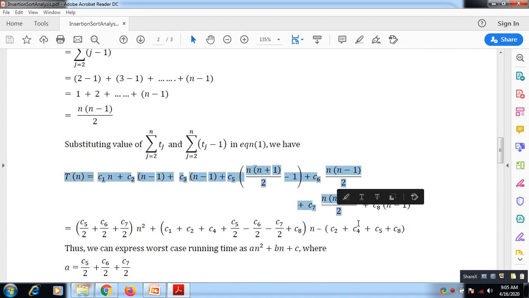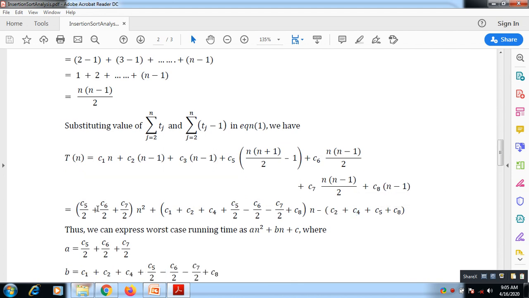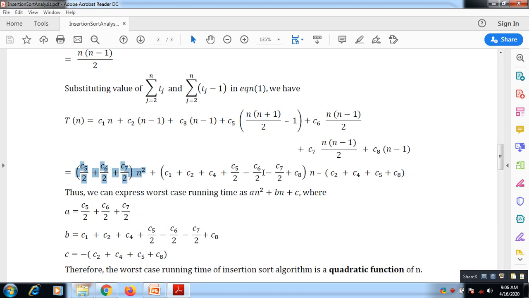After simplification, bringing all n square terms at one place, all n terms at one place, and all constant terms at one place, this whole thing can be expressed as an square plus bn plus c. So this is a quadratic function of n. So we can say the worst case time complexity of insertion sort is a quadratic function of the input size n, right?